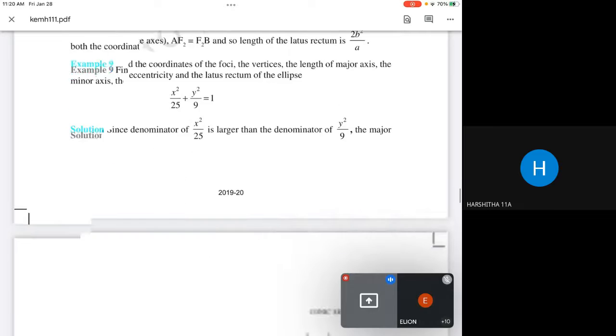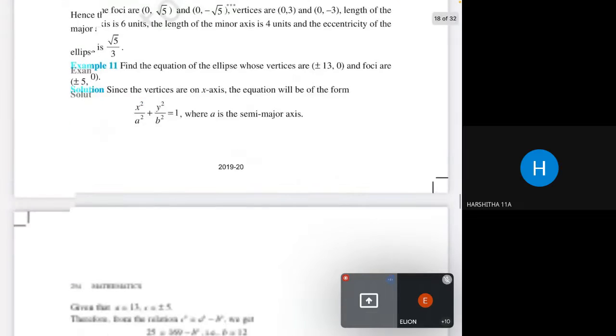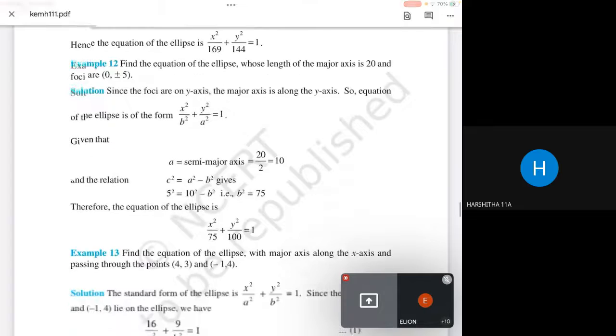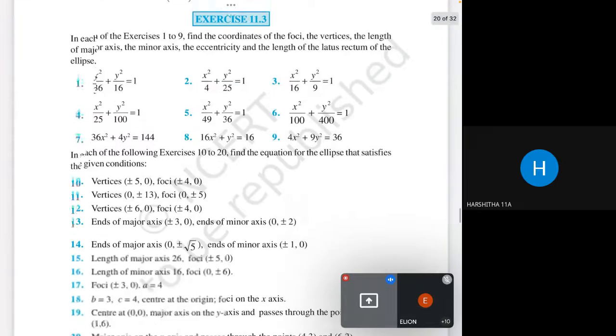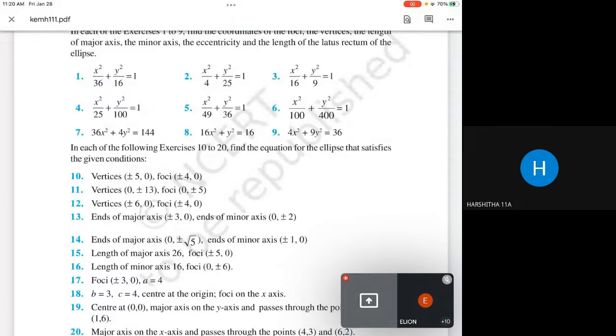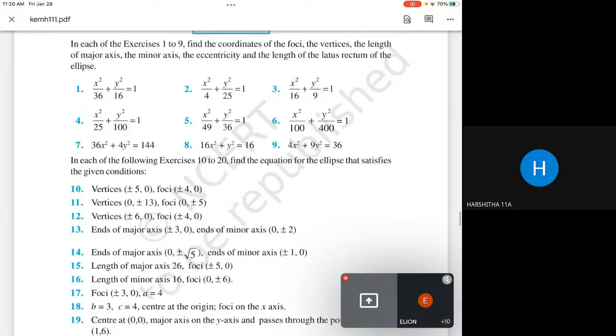So what are the points you need to remember here in the ellipse case? Equation of the ellipse: x square by a square plus y square by b square equal to 1, or x square by b square plus y square by a square is equal to 1.